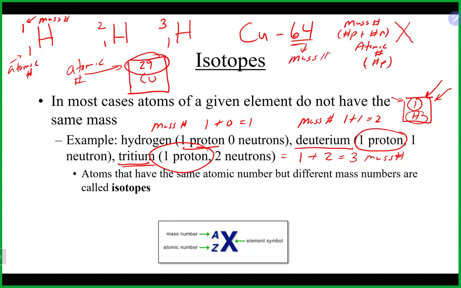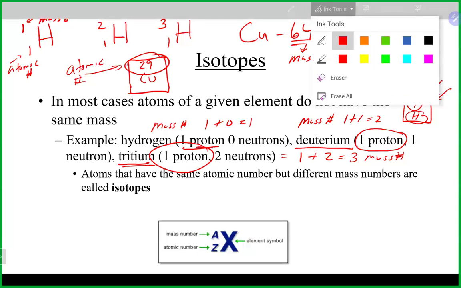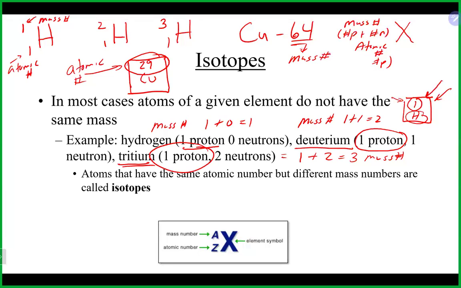And that also is a very common way that isotopes are written, symbol dash a number, and that number again represents the mass number. So if I were to turn this into the other version of how to write the symbol, it would look something like this.